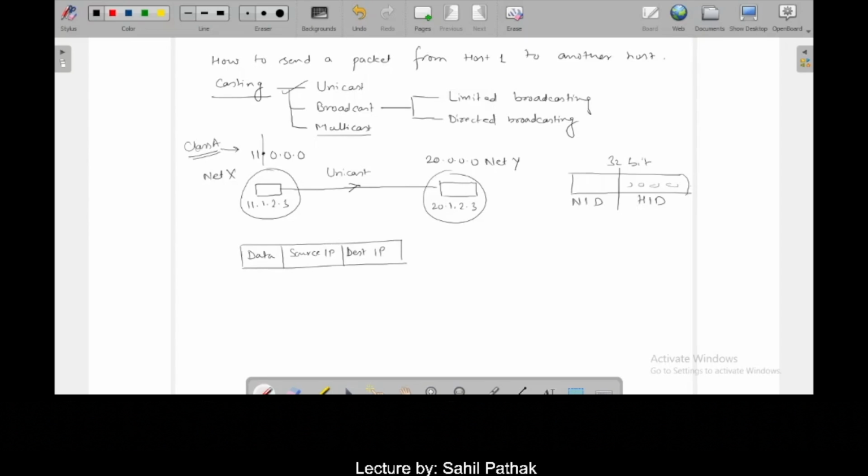But in case of multicast, we have certain groups to which only a limited number of hosts belong, and we are sending the same information to all within the group. That is what multicast means.